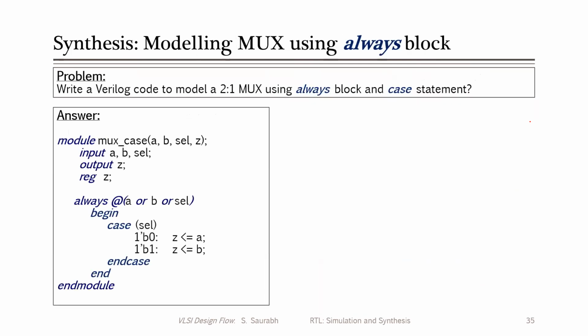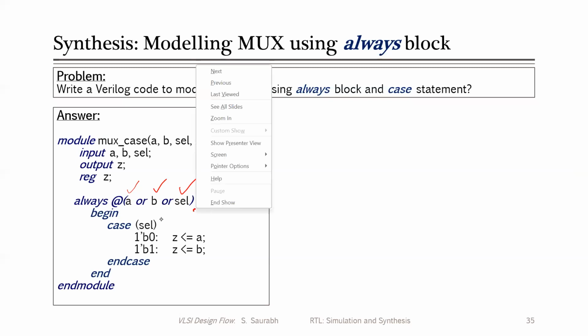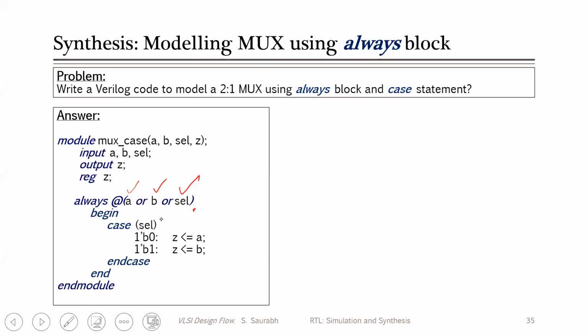You have an always block with the sensitivity list A, B, or sel. So whenever any of these changes, this always block will get triggered. Depending on the value of sel, if it is 1'b0, meaning it is 0, then you'll get A, otherwise you'll get B. So you will get multiplexer behavior in this case also.